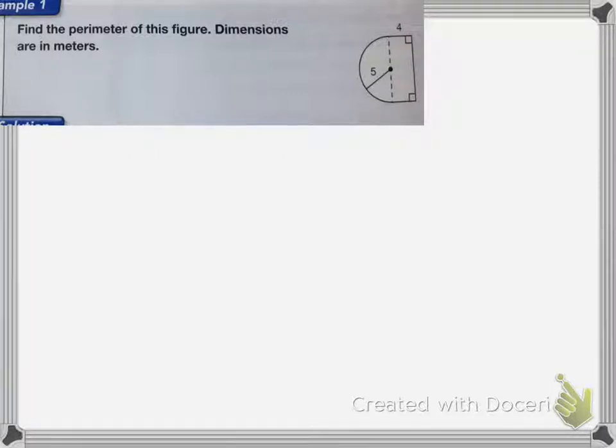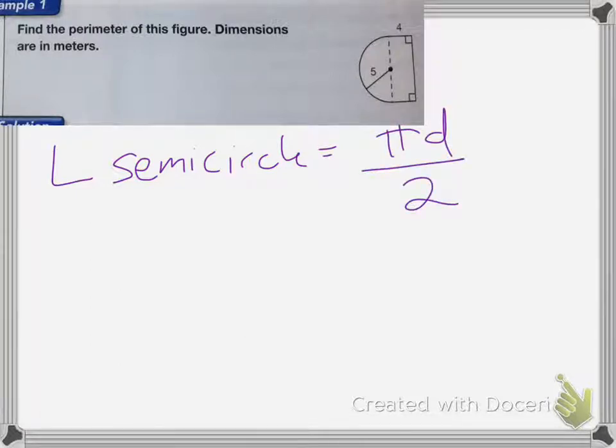So the length of the semicircle is half the circumference of a circle whose diameter is 10. So the length of my semicircle is equal to pi times diameter divided by 2, because it's only half of the circle.